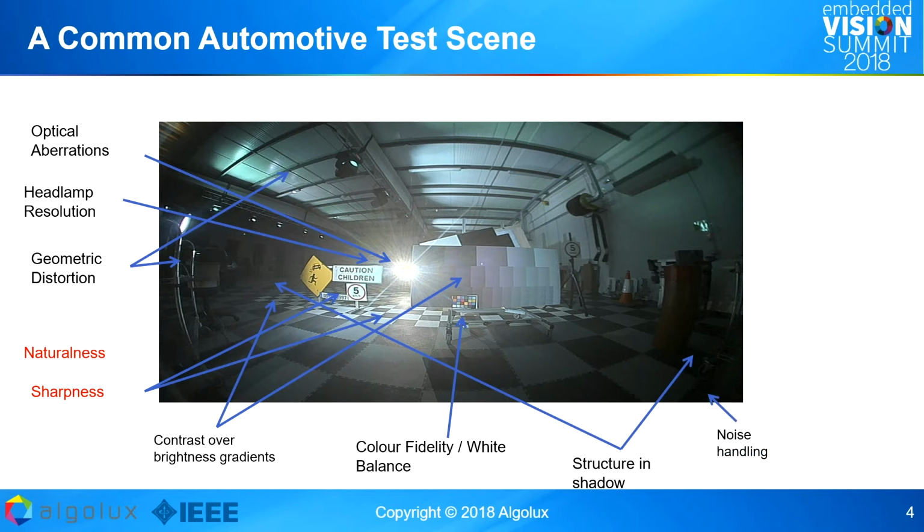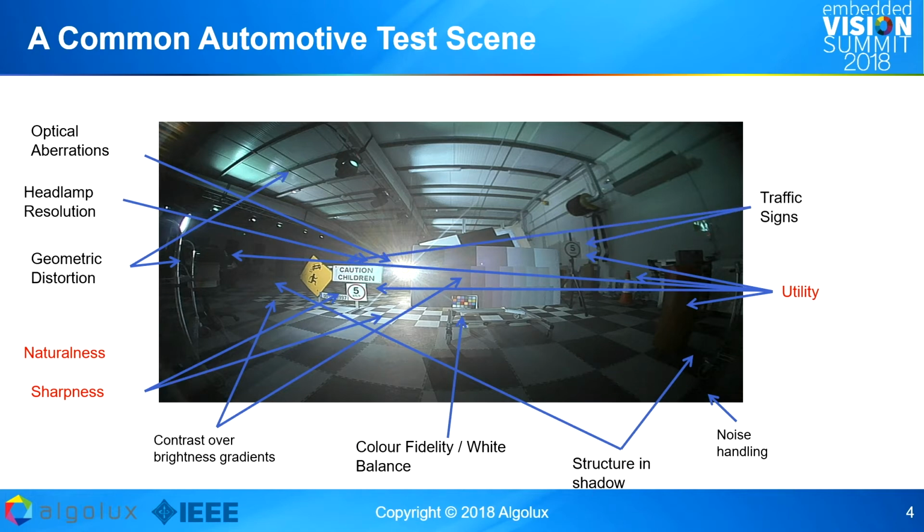And noise handling, of course, in such low light scenes where it really matters and traditional ISPs fail. There's utility embedded in such test scenes, and especially traffic signs and other content-specific, automotive-specific objects are embedded in this test scene here. And of course, there are more ray patterns.